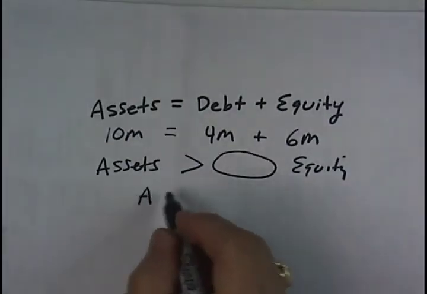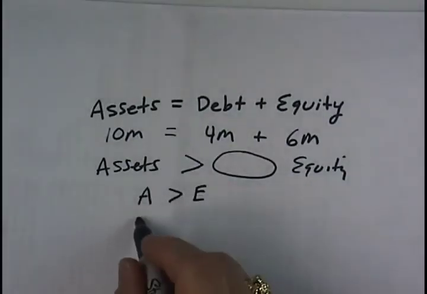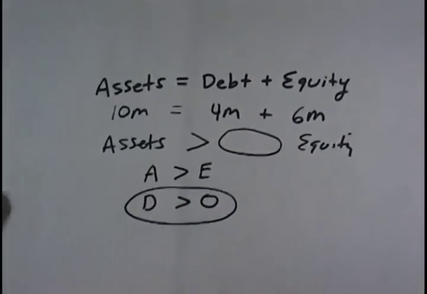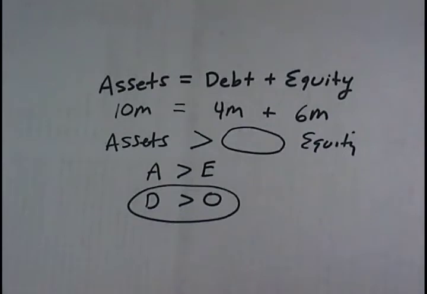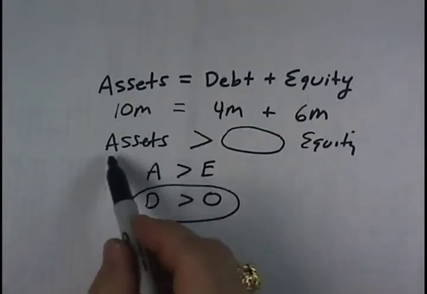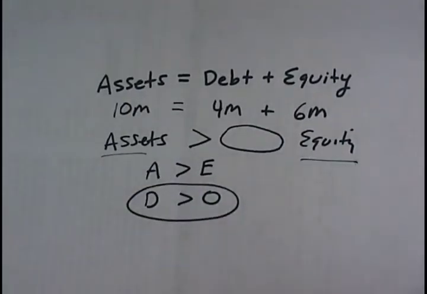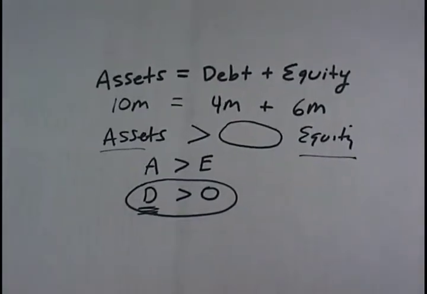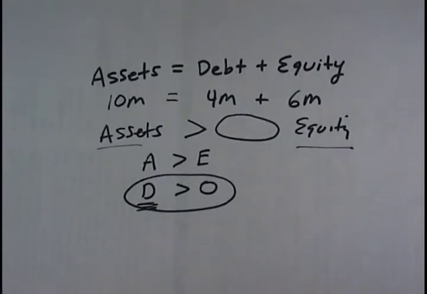So when the assets are greater than the equity, then the debt is greater than 0. The firm has some debt whenever the firm's assets exceed the equity. Another way to think about that is if the assets exceed the equity that the shareholders put into the firm, then creditors, debt holders, have some investment that's been made into the firm as well.